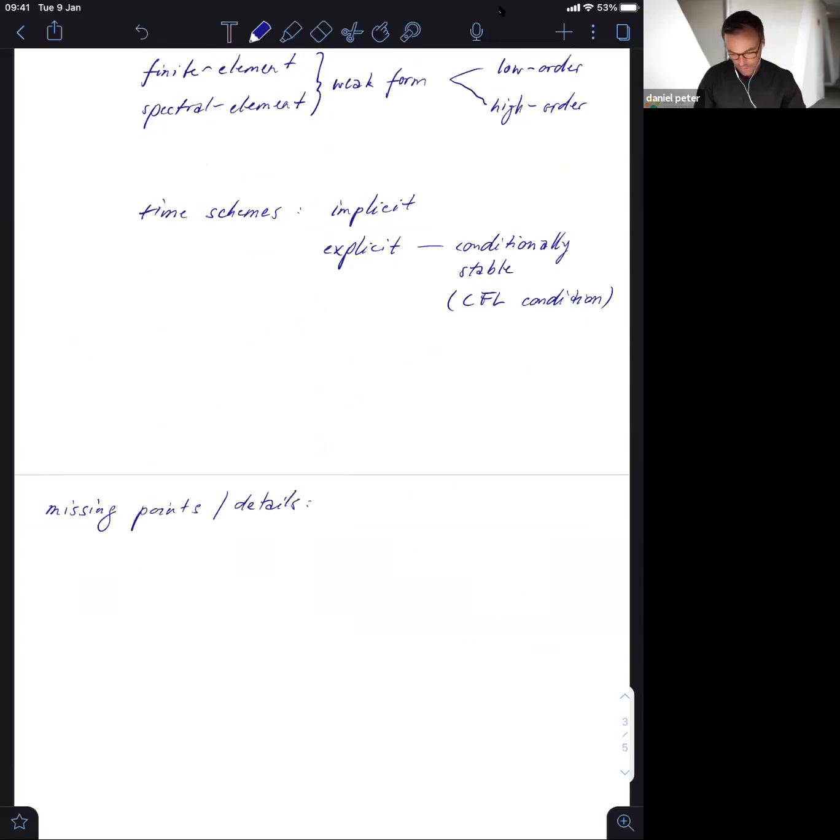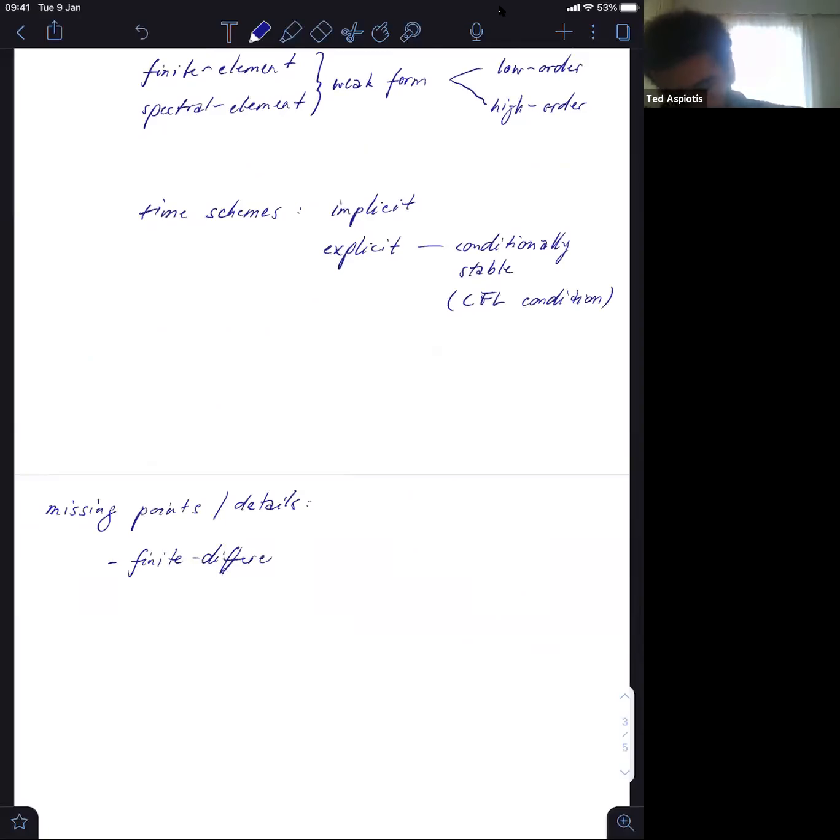Let's say when it comes to finite difference methods, something we didn't touch too much was the grids. We assumed we just have a regular grid, and then we often used schemes which are non-staggered schemes.